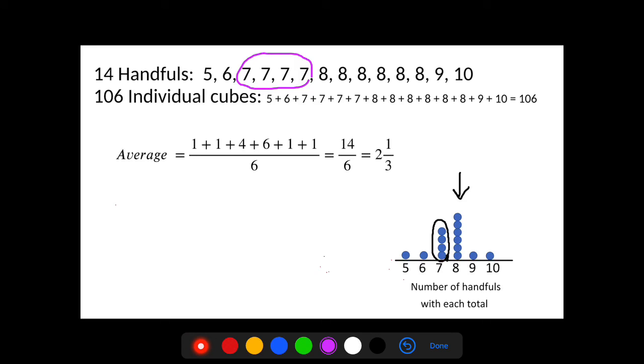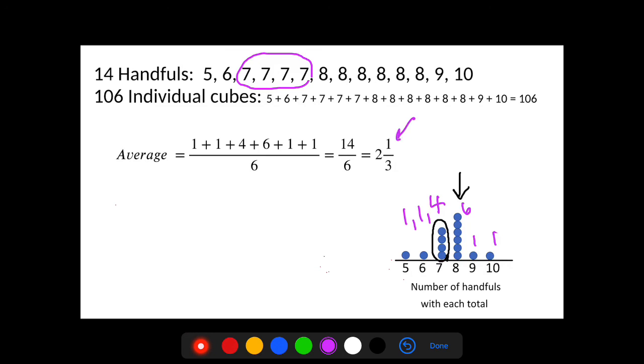But a student might interpret this as just 4 because they see the 4 dots. So a lot of times students will interpret this as 1, 1, 4, 6, 1, 1, and then they'll try to take the average. So that's adding up the height of each of my dot towers here, and then dividing by 6 because I had 6 total groups, ending up with an incorrect average of 2 1/3.